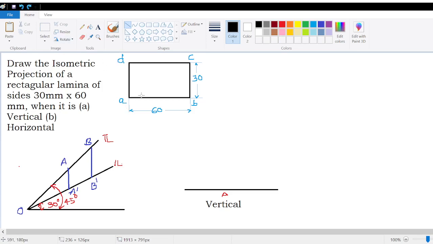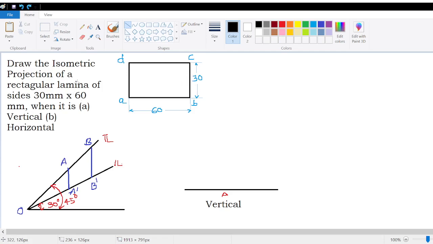You can see that AB is horizontal, DC is horizontal, whereas AD and BC are vertical. So our rule is all horizontal edges should be drawn at an angle of 30 degrees to the base, and all vertical edges should be drawn vertically.